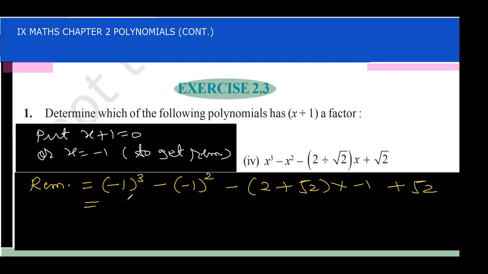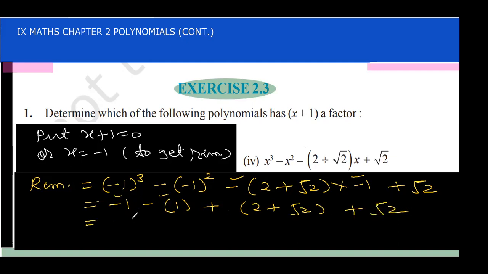बहुत ही सावधानी से सिंप्लीफाई करिए. देखिए -1 power 3 is -1, this minus as it is, and -1 power 2, that is +1. This minus and this minus we can write here plus 2 plus root 2.